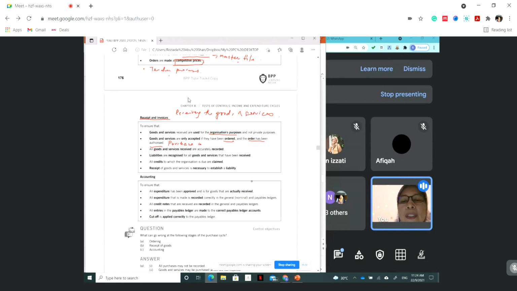Purchase order properly authorized. And then goods and services received are accurately recorded. So how do you check whether the company recorded it accurately?